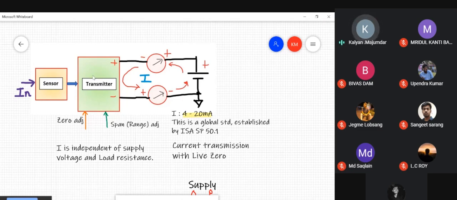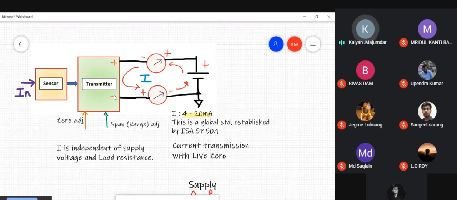Such transmitters are also referred to as two-wire transmitters or loop transmitters, because this transmitter has just 2 terminals. See, one is marked positive, one is marked negative. Normally, any electrical circuit has power supply terminals. This could be 2 terminals. This could be even 3 power supply terminals. For example, in case of op-amps, we have studied that many op-amps use dual supplies.